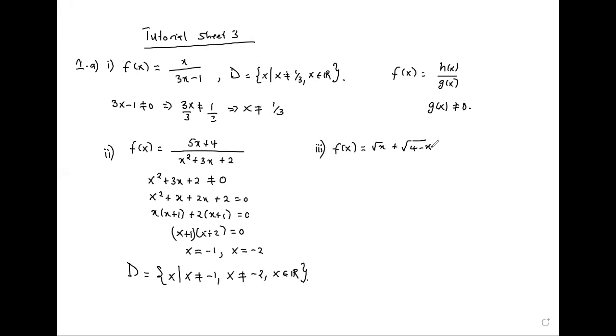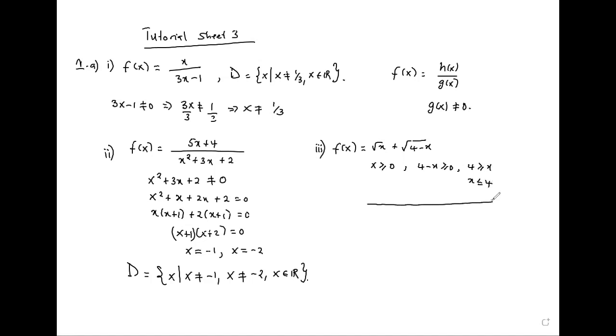Now here, you first get for x, the first one, you know that x must be greater or equal to 0. Whatever is inside the root must be greater or equal to 0. For the second one also, this must be greater or equal to 0, meaning that 4 should be greater or equal to x. In reverse, x should be less or equal to 4. That's the meaning there.